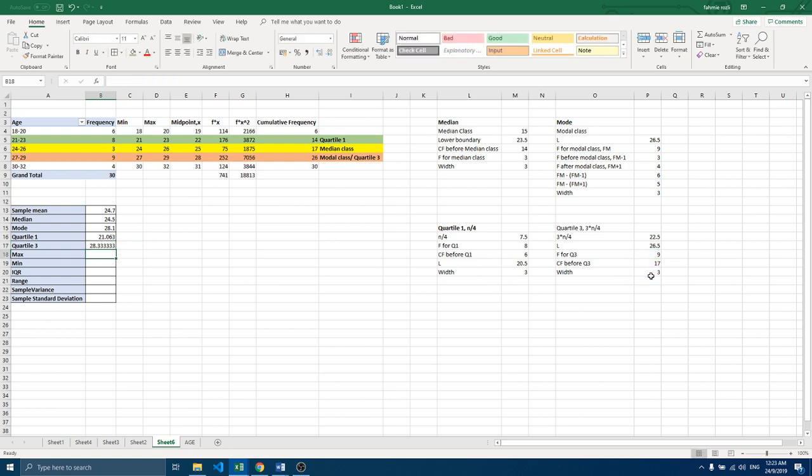Then it's 28.333 years old. So move to 3 decimal places.